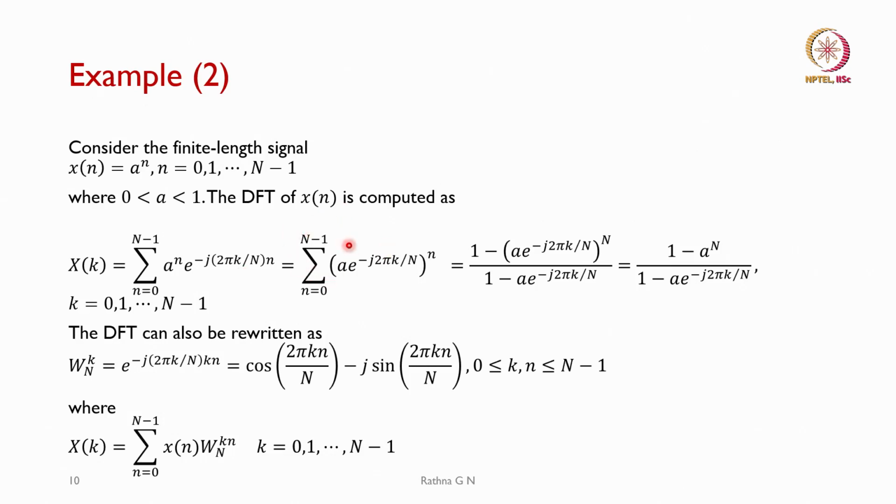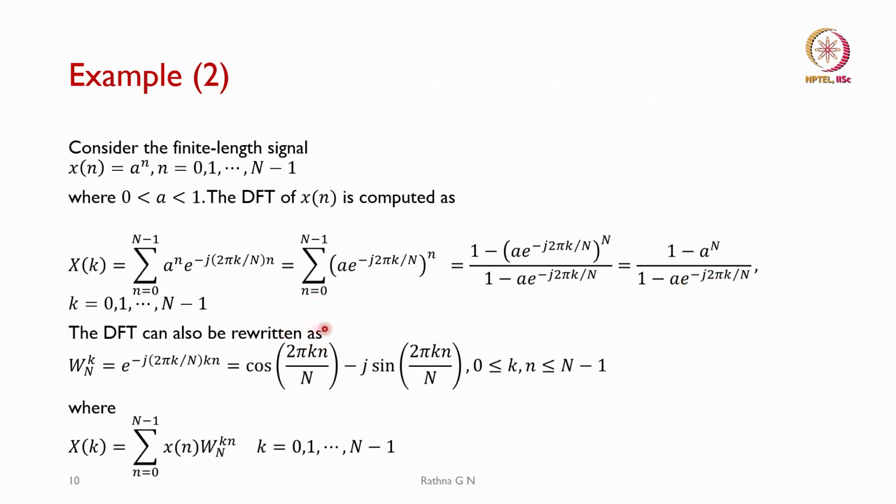So, by simplifying, what we will get is 1 minus a to the power of N by 1 minus a into e power minus j 2 pi k by N, and k is going to vary between 0 to N minus 1.